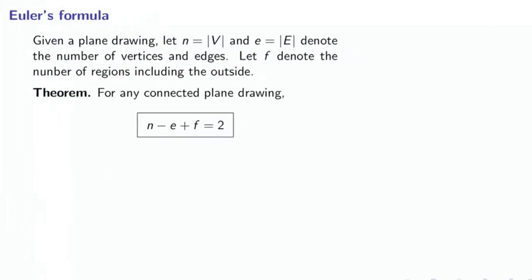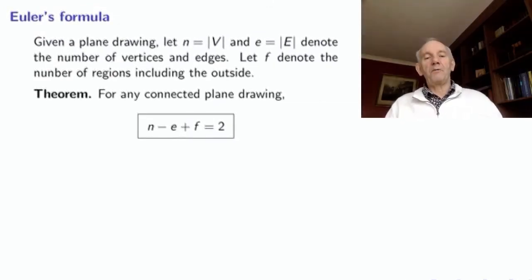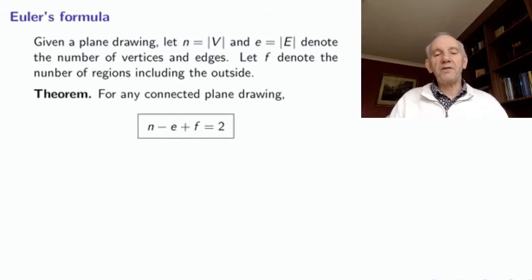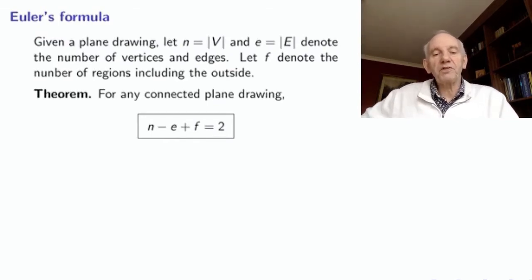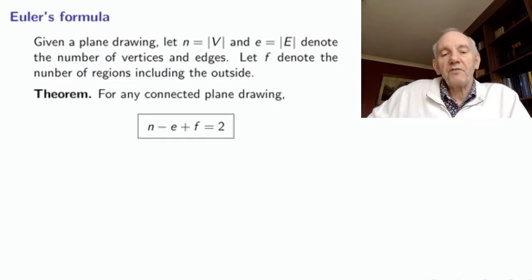Okay, back to the theory. I want to now talk about the work that is perhaps more important for the course. I want to talk about Euler's formula for both polyhedra and therefore for the graphs that they define, polyhedral graphs.